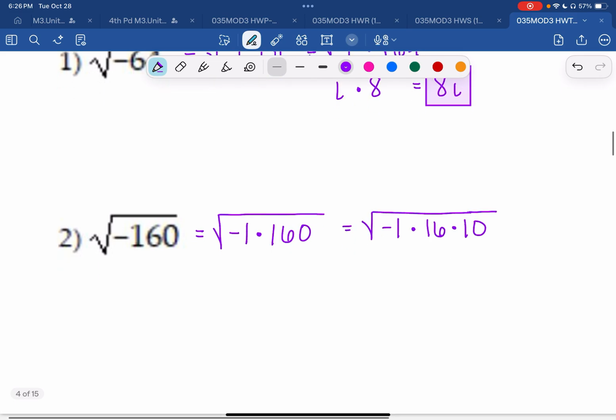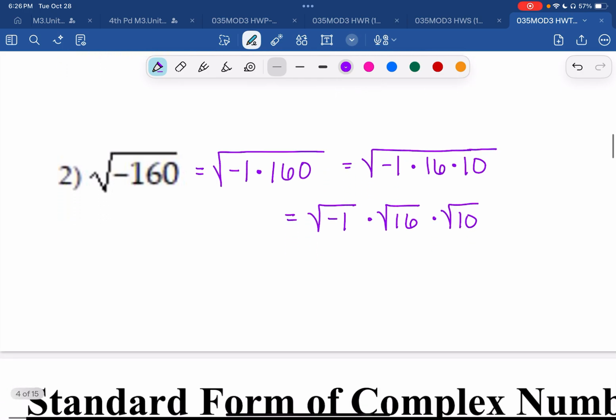If I think about this as the square root of -1 times the square root of 16 times the square root of 10, what I've got is the square root of -1, which is i, the square root of 16, which is 4, and then the square root of 10 is left behind. So if I rewrite this in the correct order, I'm going to have my 4i and then the square root of 10.